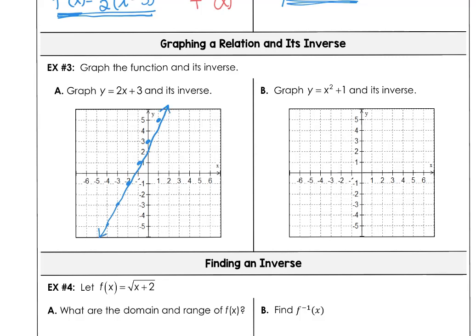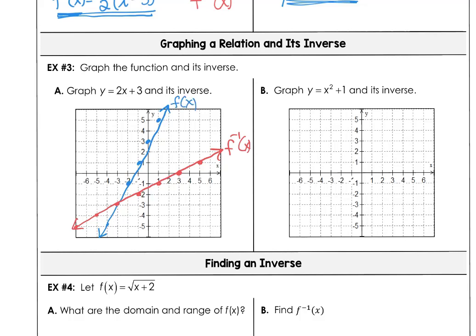But our inverse function has an x-intercept at 3, and the slope is 1/2. So we can rise 1 and run 2 in both directions. And this is our inverse function here. This is f inverse, and this is f of x.